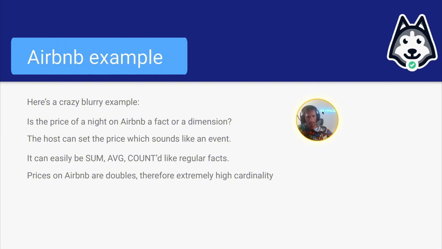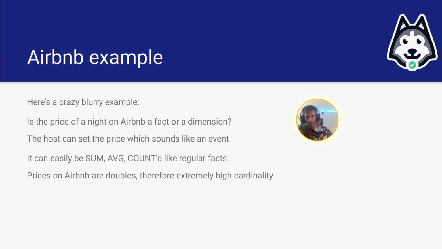So when I worked at Airbnb, I worked in pricing and availability, which is a fun place to be. And there are some things that I think are interesting about price. For example, price as an attribute on an Airbnb listing.